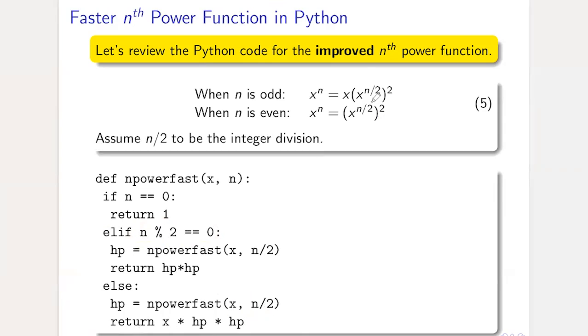And now you can see I have to get the half value multiplied by itself because of the squaring, and then multiply that with x. So that's what I'm doing here. HP is multiplied by itself, and then that result is multiplied by x.